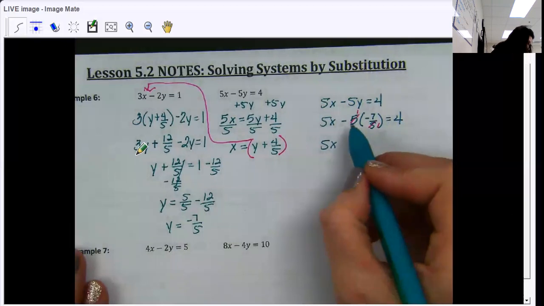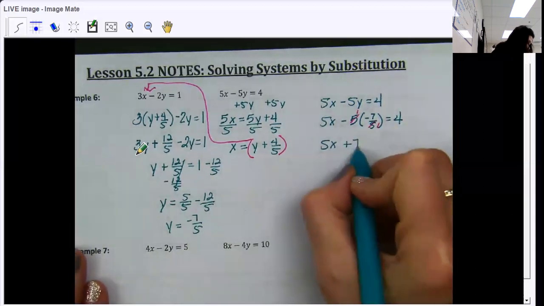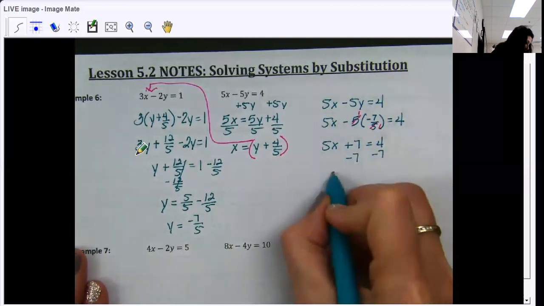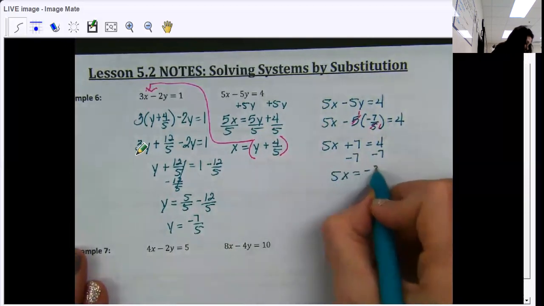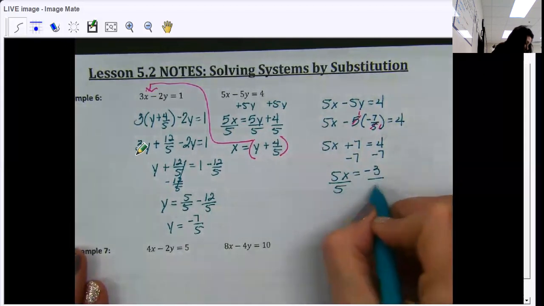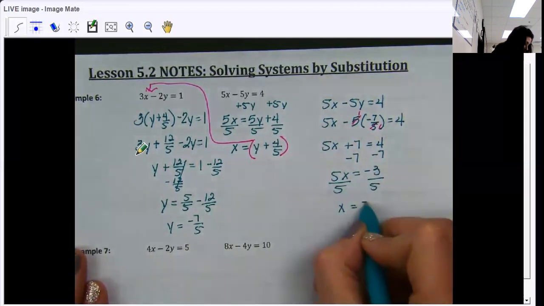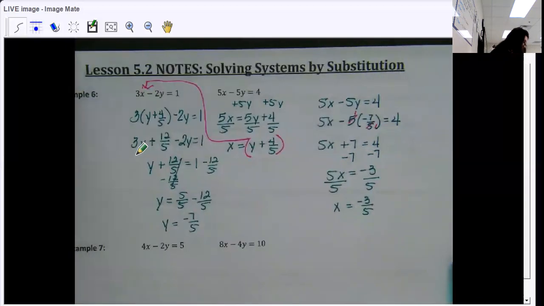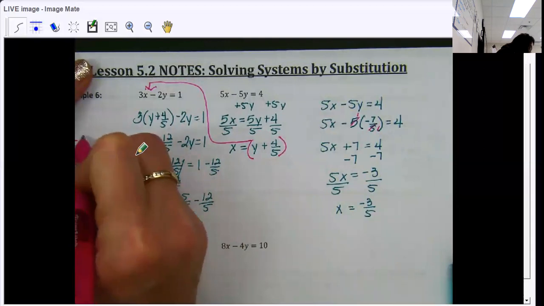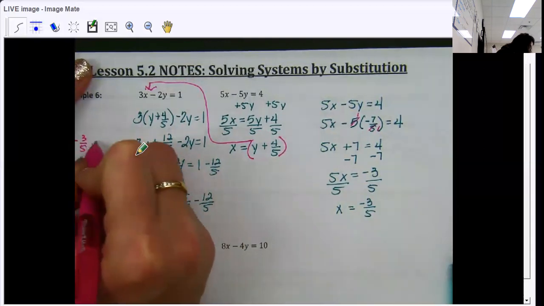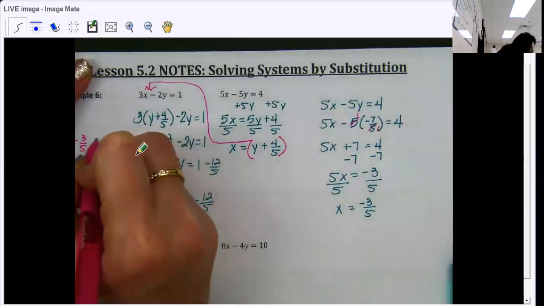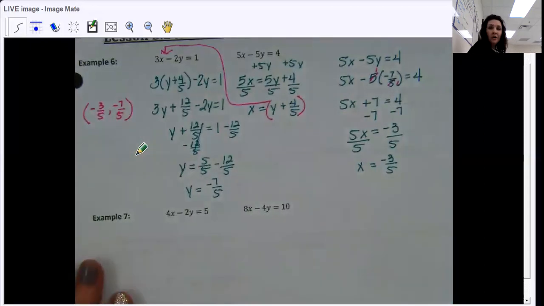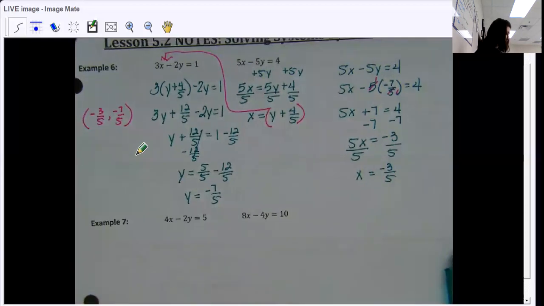And I have -1 times -7, which is a +7. Subtract 7 on both sides. And x is -3/5. So we have -3/5 and -7/5 as our answer. And yes, you will come along some not so pretty answers.